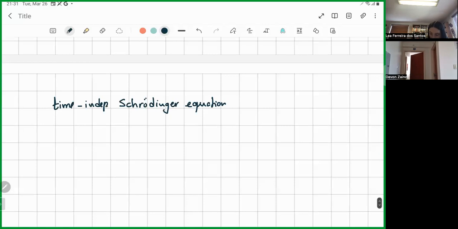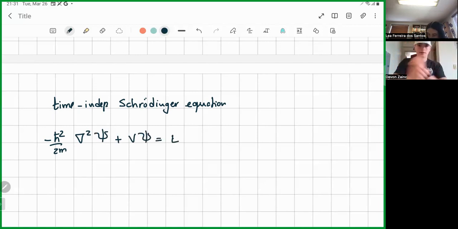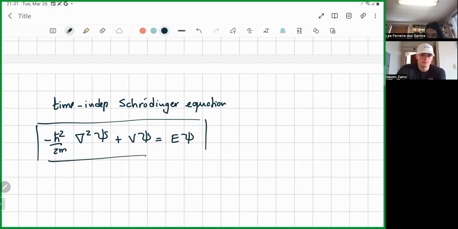Okay, so our equation, the time-independent part, is this. Well, I should change this notation. Remember, we use the capital letter to indicate that we have something that depends on time.